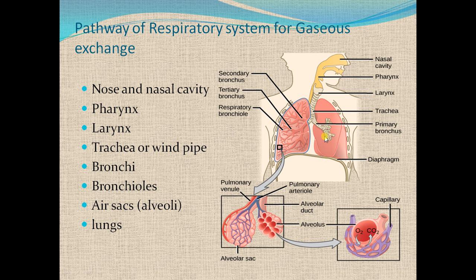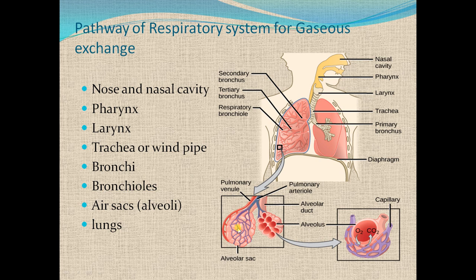Now each bronchiole, this is the enlarged diagram. Let's take a small part of this part of the lung. This is the enlarged part. So this is that bronchiole. This bronchiole enters into a cluster of air sacs like a bunch of grapes.